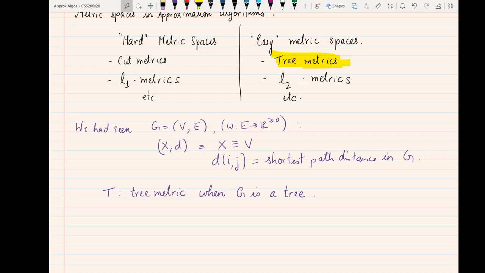Whereas in a graph, you actually have to compute the shortest path. Similarly, other problems that you have seen, including TSP, k-median, and even things like vertex cover, are easy on trees. You can find polynomial time algorithms for these problems on trees.